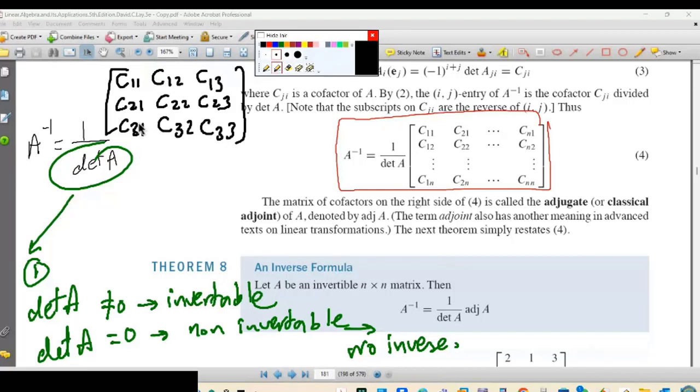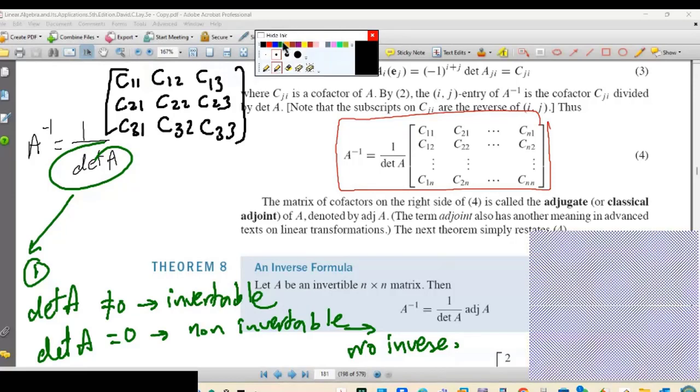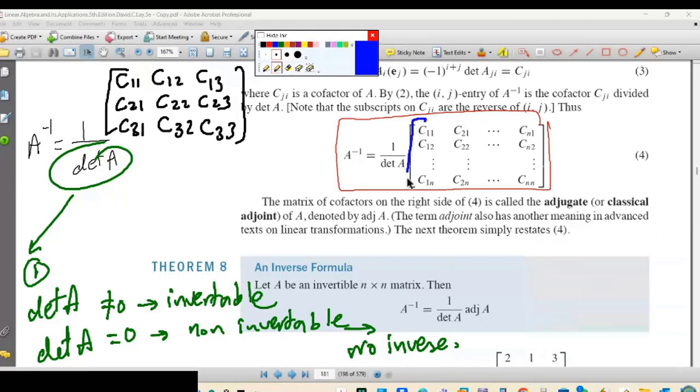This is the matrix. Is it clear? Okay, see here. We can write it as C transpose: C11, C12, C1n.